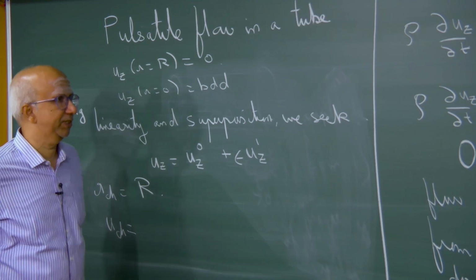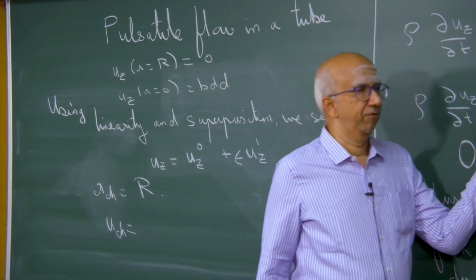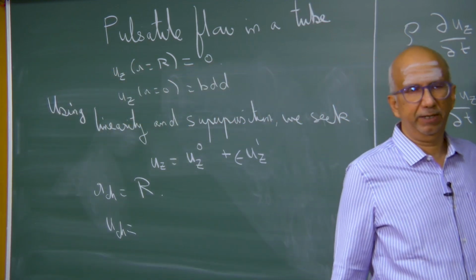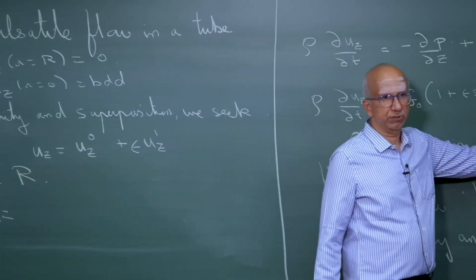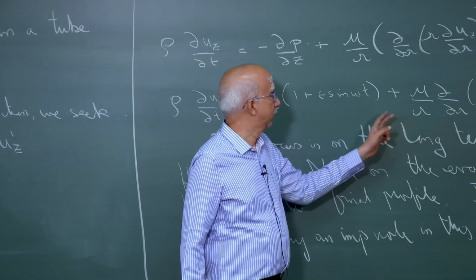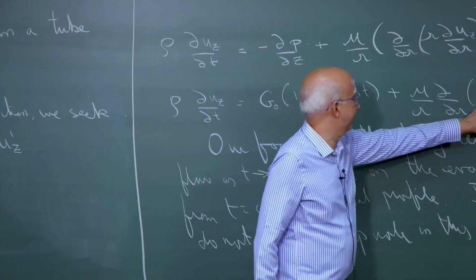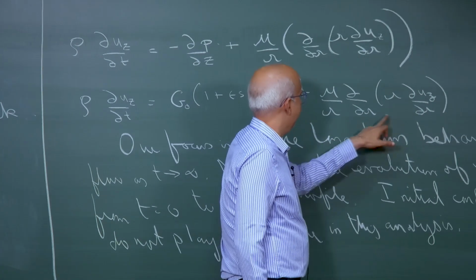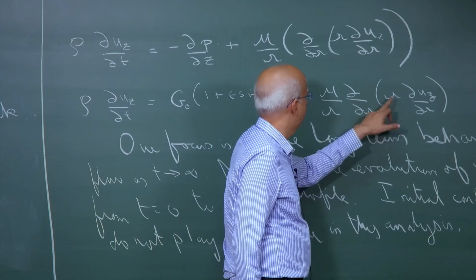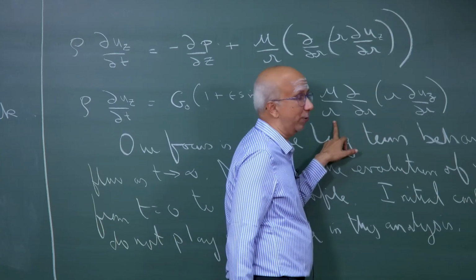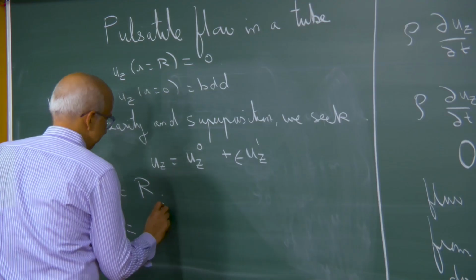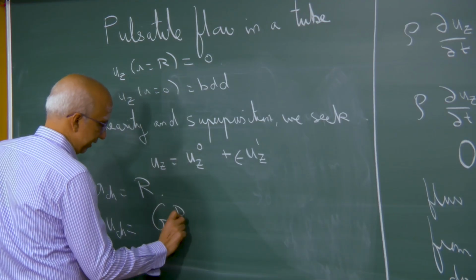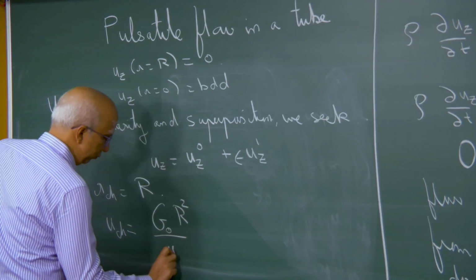To get the velocity scale, since the flow is driven by the pressure gradient, I am going to balance the pressure force and the viscous force. So if you look at it, there is a u here, and the denominator is r squared. So I am going to define u characteristic as g0 times r squared divided by mu.